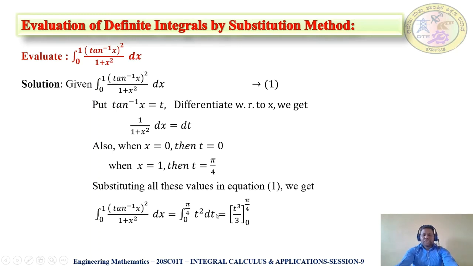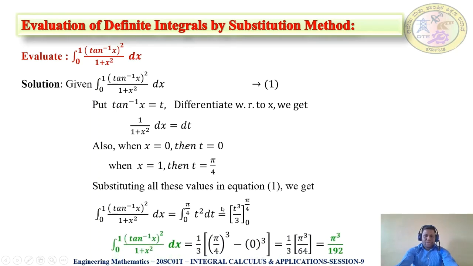And then the integration of t square is t cube divided by 3 between the limits 0 to pi by 4. Now apply the upper limit and lower limit. 1 by 3 is a constant, take it outside. T cube means pi by 4 whole cube minus, again, the lower limit 0 cube. So if you simplify, pi cube divided by 4 cube, which is 64.